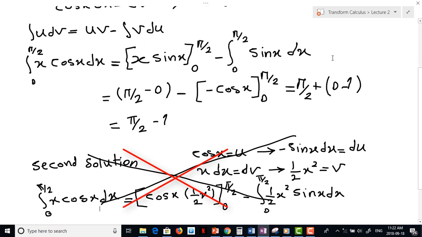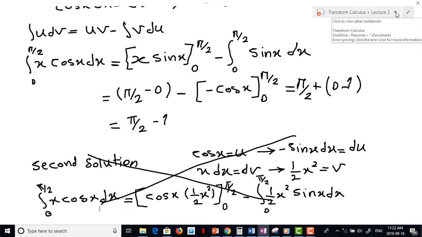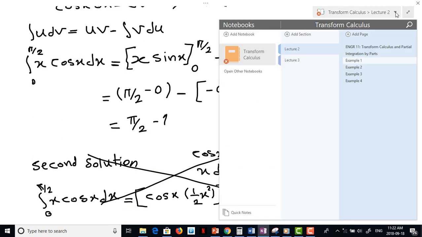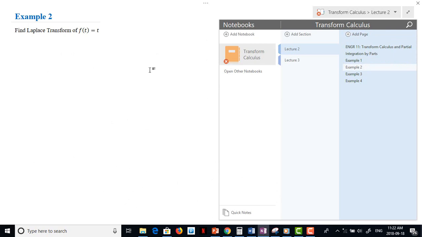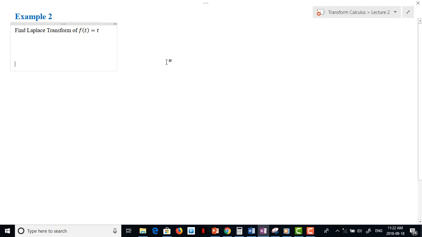So now I just wanted to refresh your memory about integration by parts. Now we will be back to finding the Laplace transform of the ramp function. In this example, we want to find the Laplace transform of the ramp function, so f(t) is equal to t.